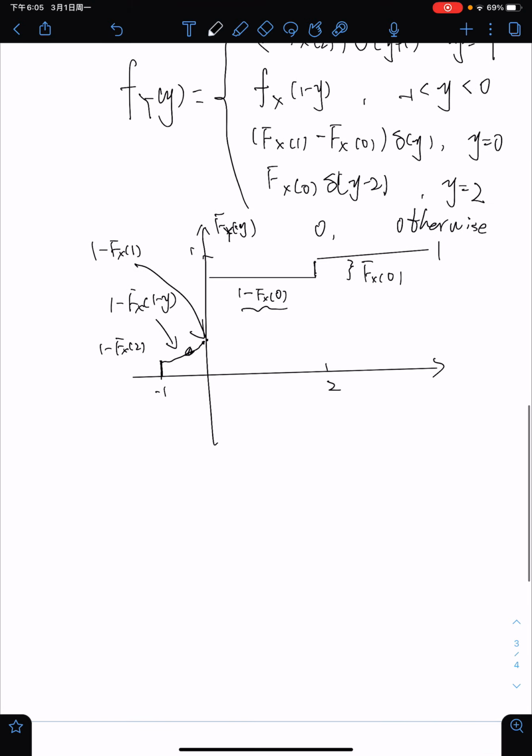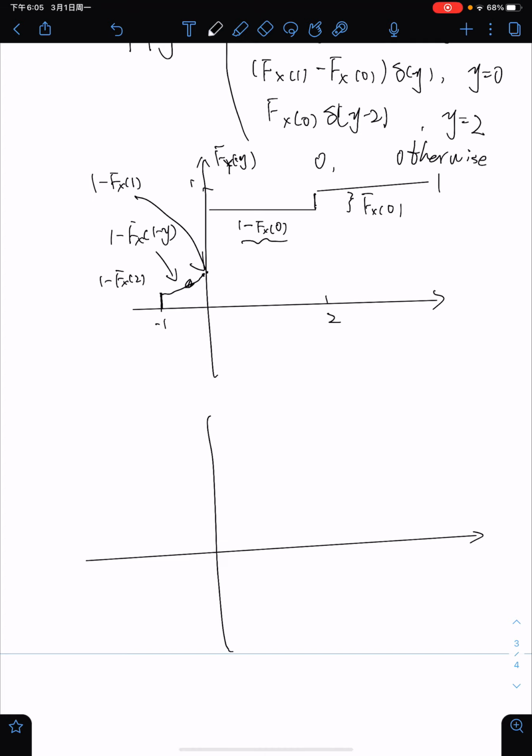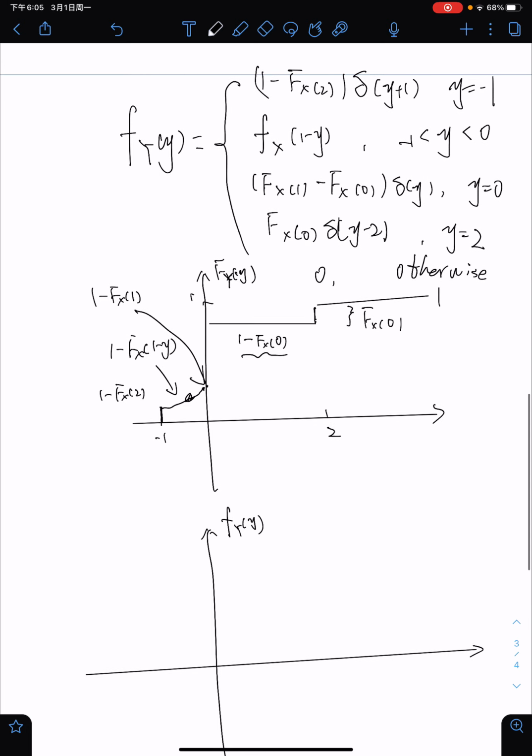And next, density function. From here, we can draw the figure from here.